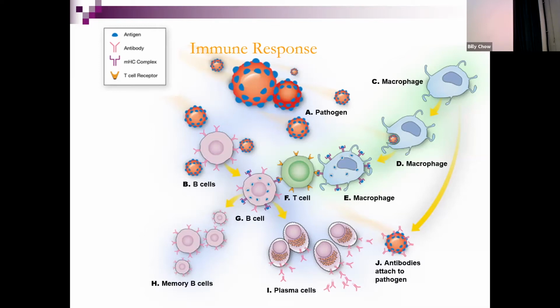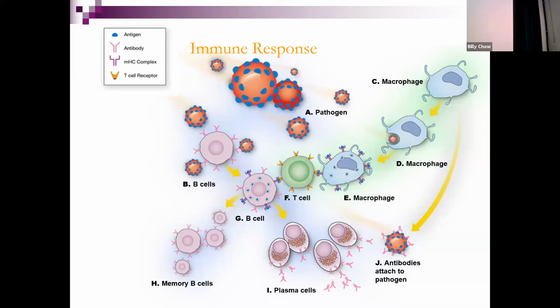And antibodies will interact with the T cell, T helper cells to attract macrophage. And later on, sorry, it's the plasma cells that generate the antibody. The memory B cell later on is responsible for, sorry, I mixed up a little bit.